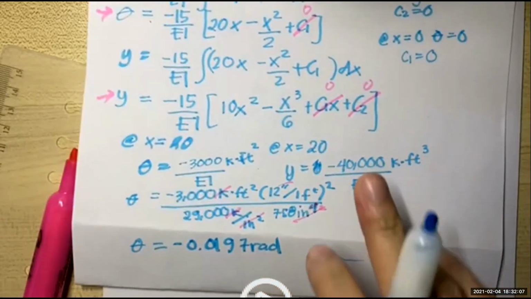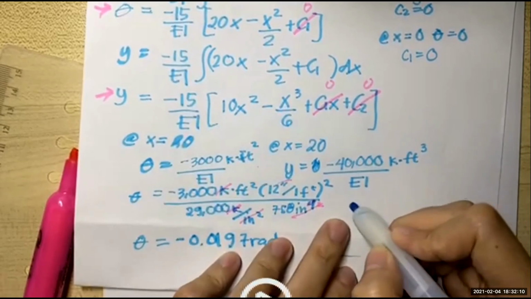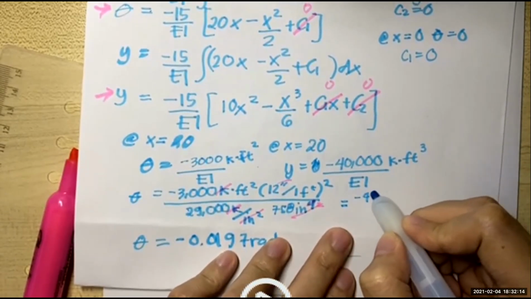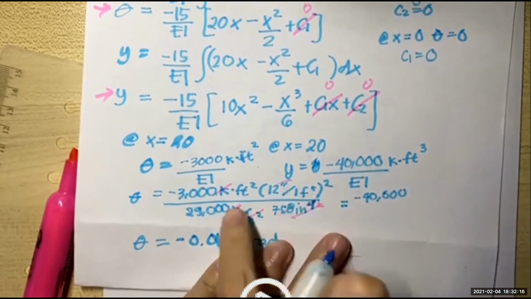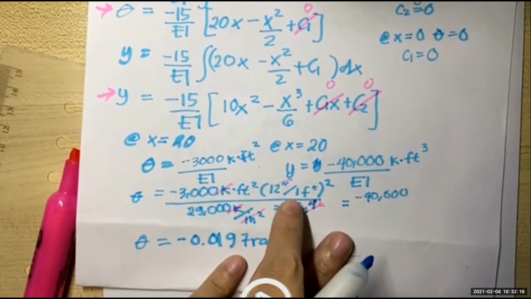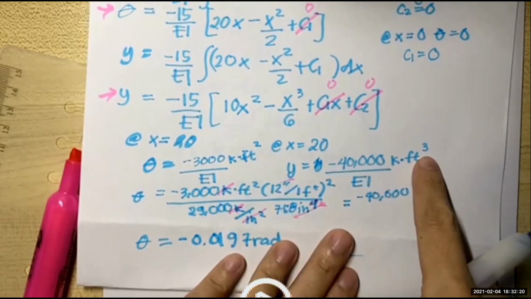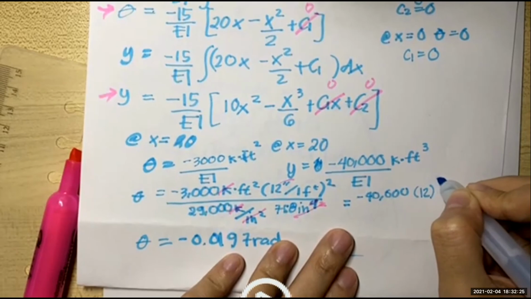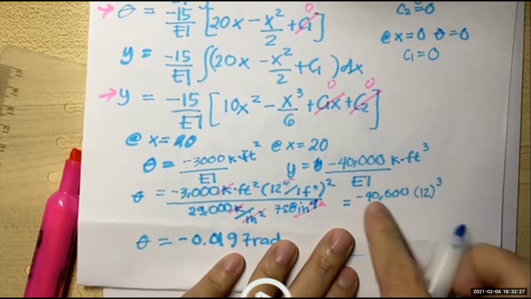Now for your Y, convert natin, we have negative 40,000. Ang pagkakaiba lang, since this is squared, ito cube, so magiging times 12 cube to. Tama? In inches na yan.